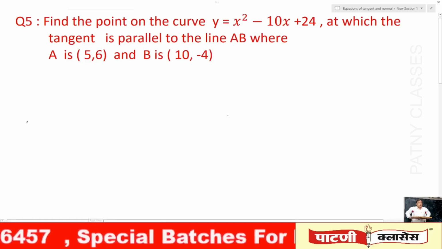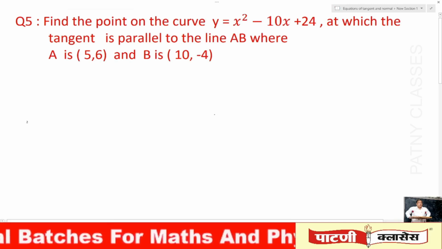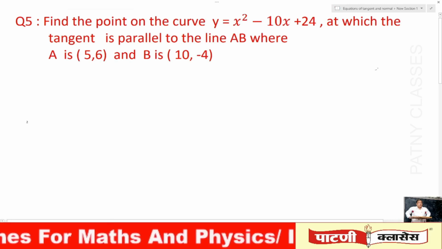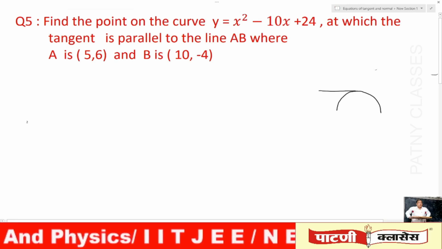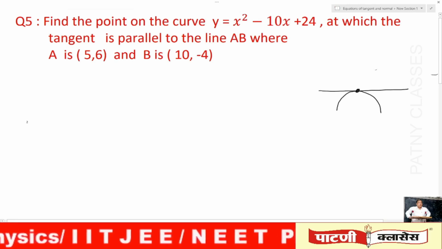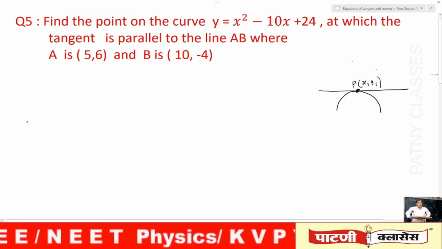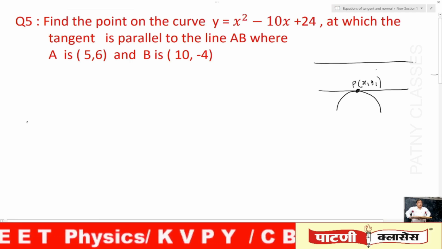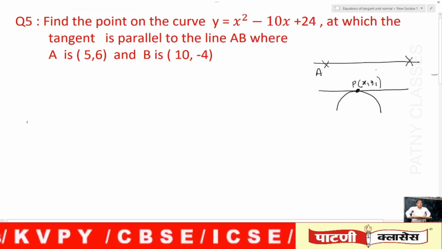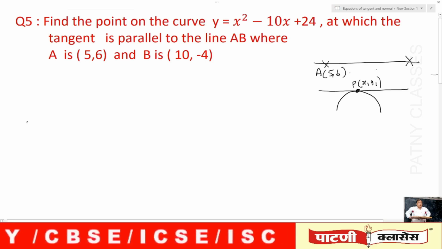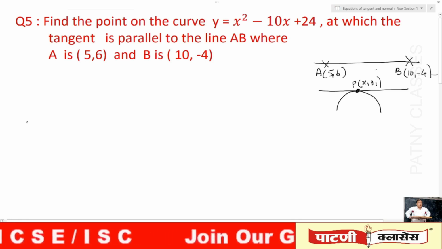Find the point on the curve at which the tangent is parallel to the line AB, where A and B are given. So let us draw the tangent first. This is the tangent and we call the point of contact x1, y1, and parallel to it another line is given, AB, where A is 5, 6 and B is 10, minus 4.